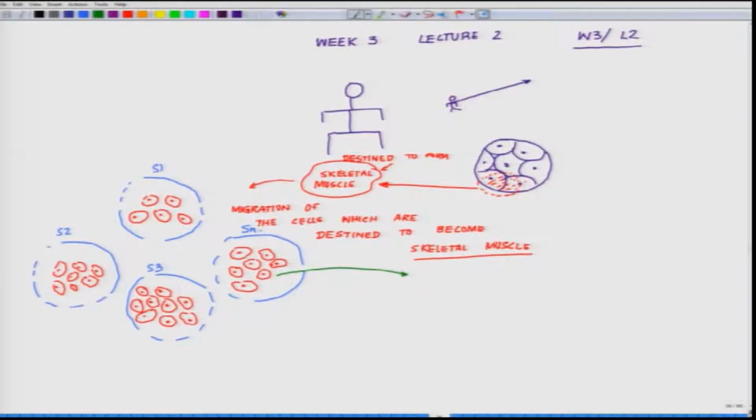Initially, these individual cells reach the site, and at that particular spot they start to divide. This is the first thing which happens. They form a kind of lump of cells like this, dividing at that specific site.